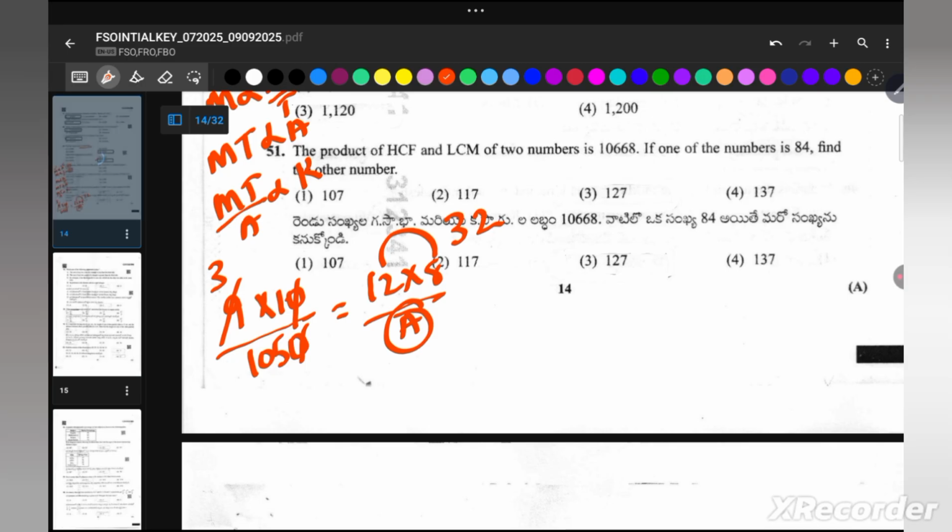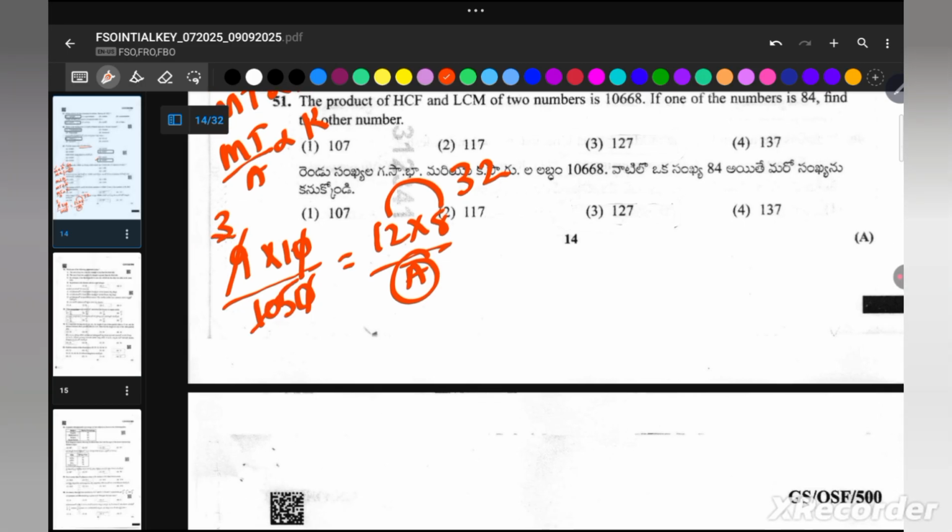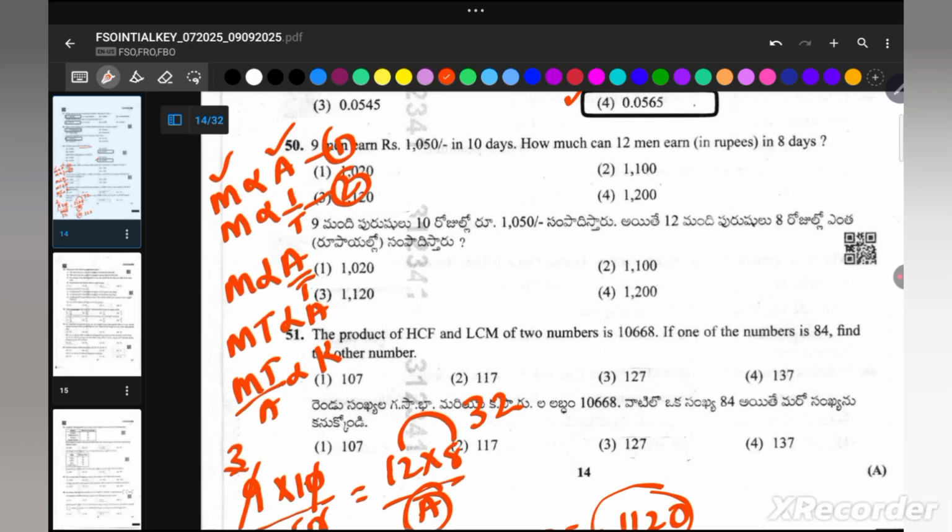In 3 table, 105 will go how many times? 3 3s are 9 and 5. So A is equal to 32 into 35, which gives you 1120. That will be your answer for this question.